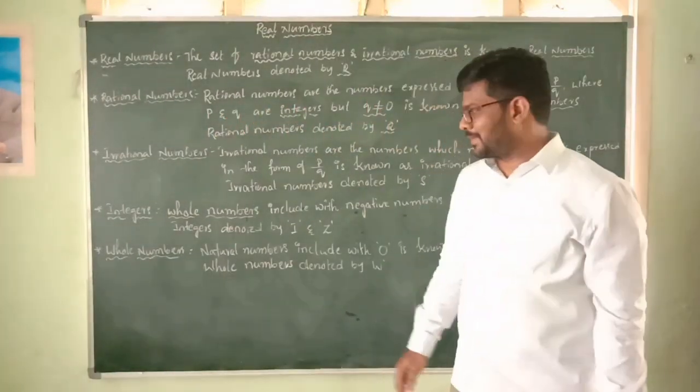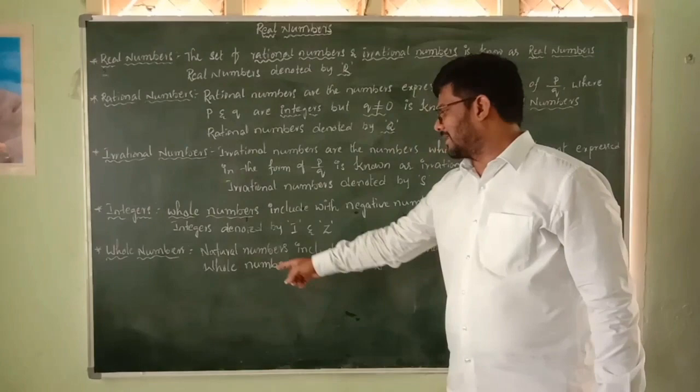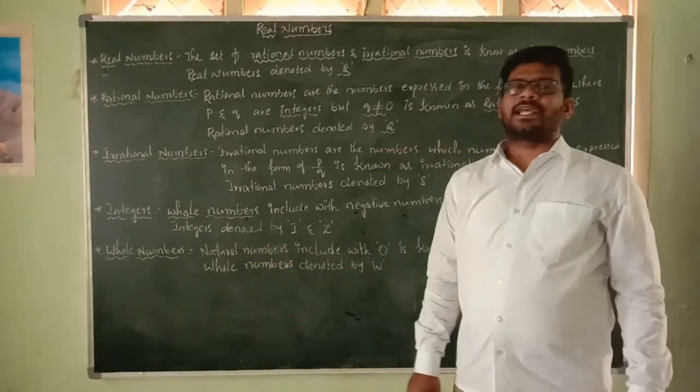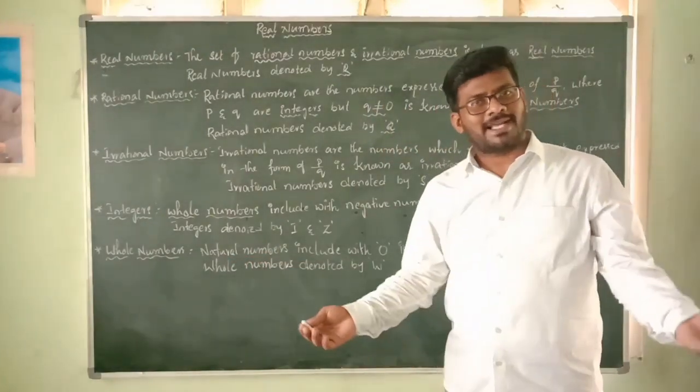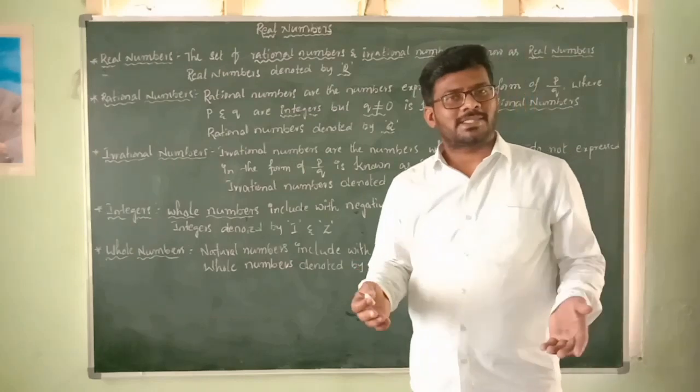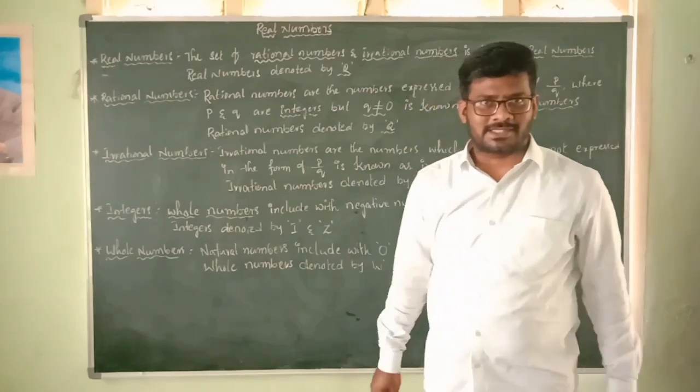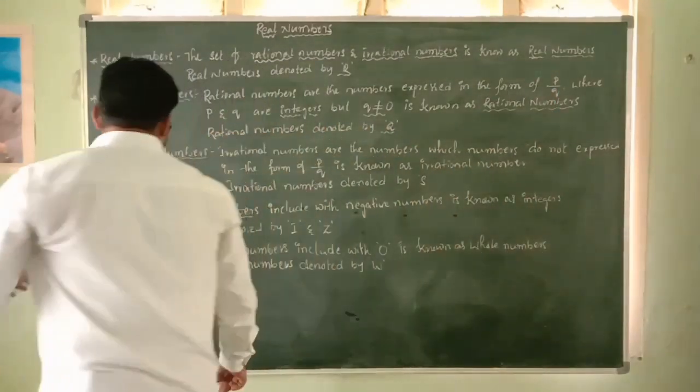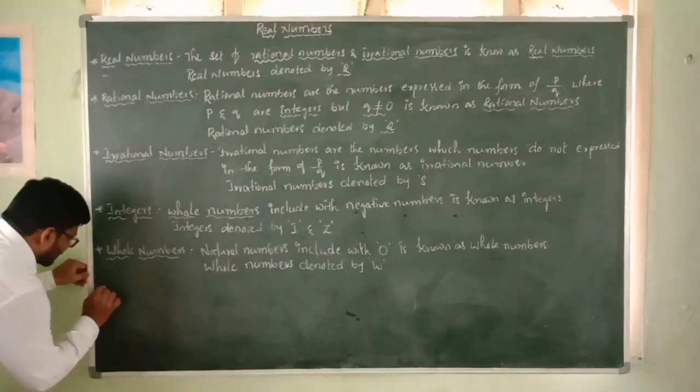Again, observe the whole number definition. There are natural numbers. What are natural numbers? Counting numbers are known as natural numbers.